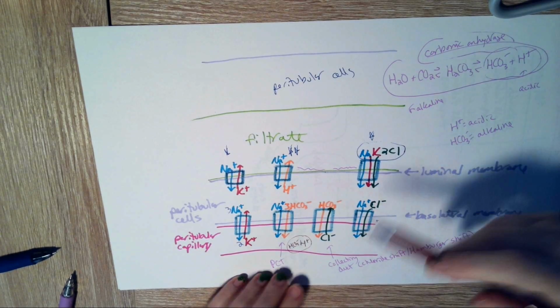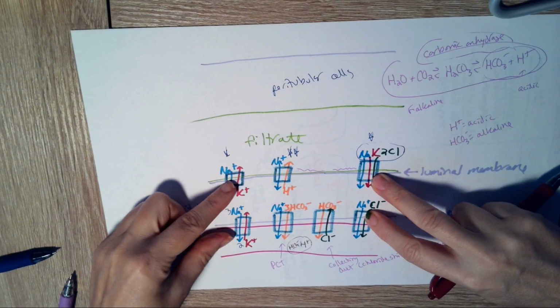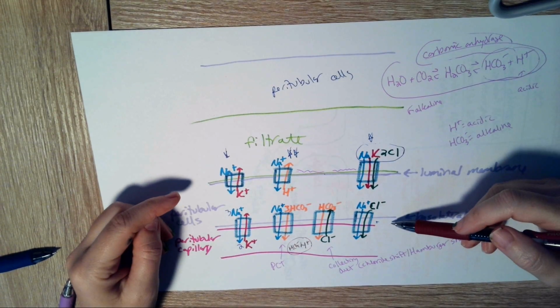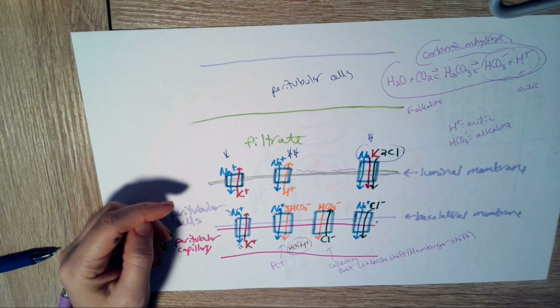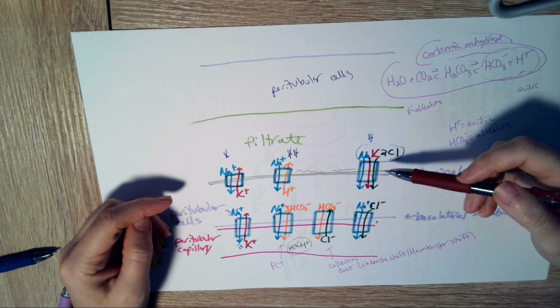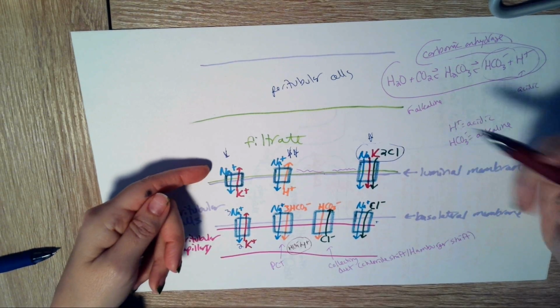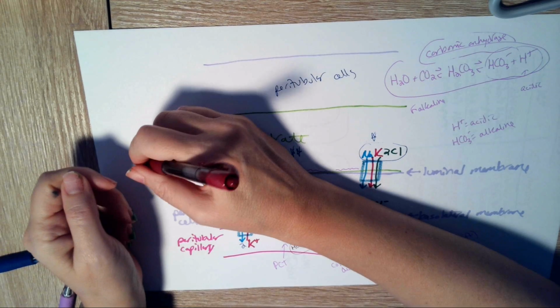Okay, now let's just ignore those now, and we'll just go back to these guys. We just want to reabsorb sodium and water. Our blood pressure went down. We release ADH and aldosterone. Remember aldosterone too. Let's put this in here.